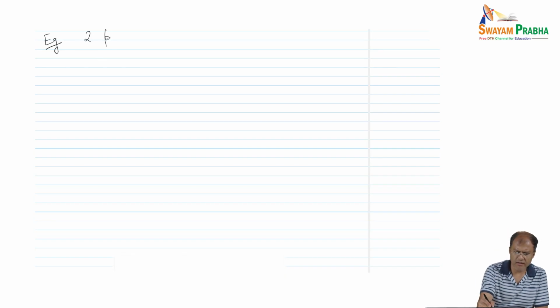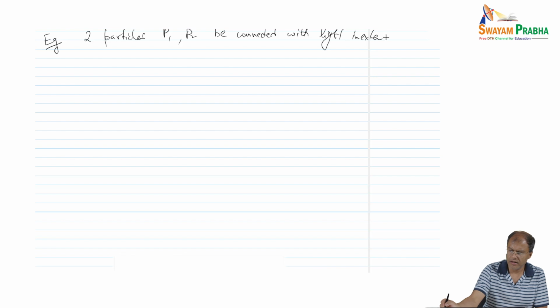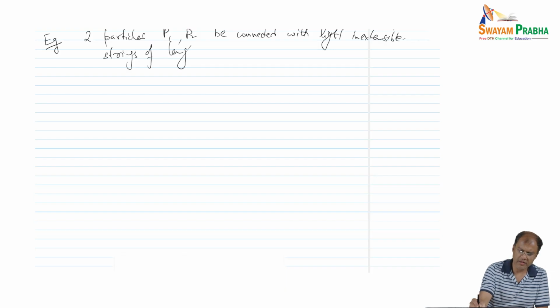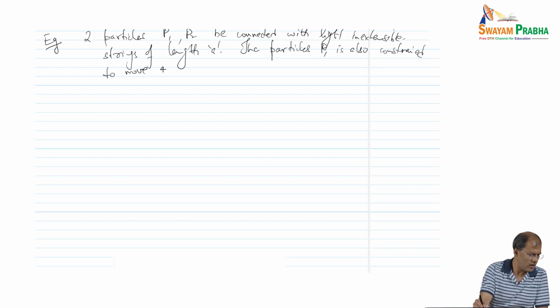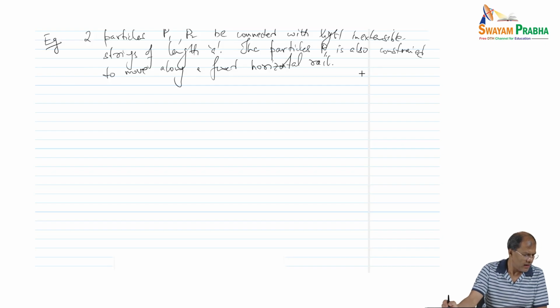So we have two particles P1 and P2 connected with a light inextensible string of length A, and the particle P1 is also constrained to move along a fixed horizontal rail. The system moves in the vertical plane.